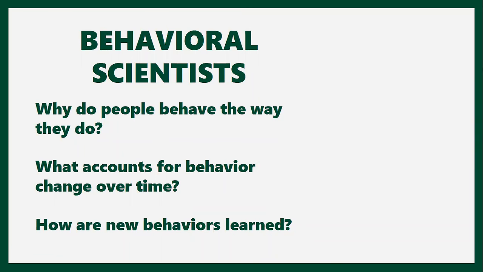In the mid 1800s, early 1900s, behavioral scientists were starting to ask questions about ways that they could study behavior scientifically, the way scientists were studying biology or chemistry or other things. They were asking things like, why do people behave the way they do, or what accounts for behavior change over time?